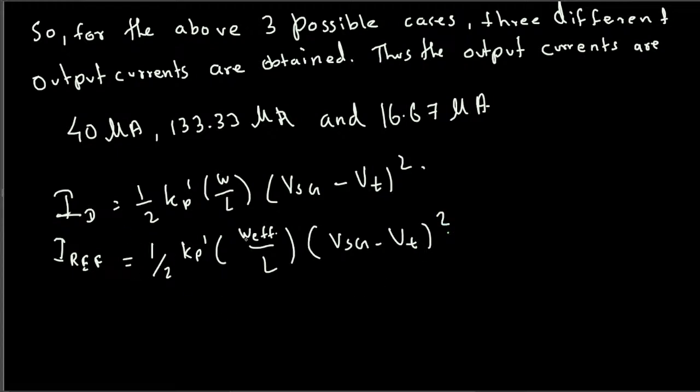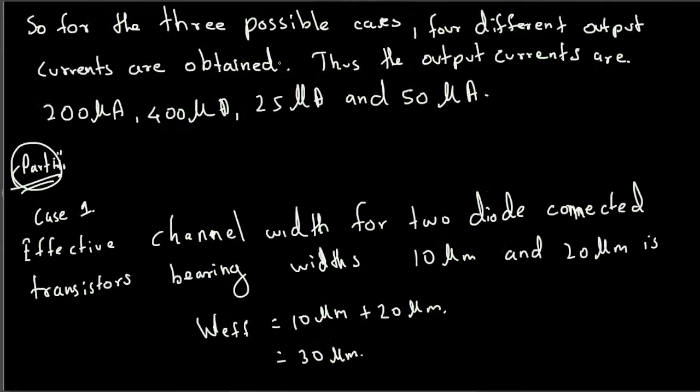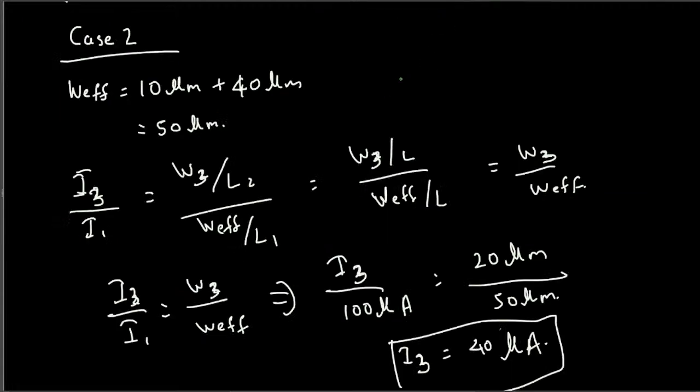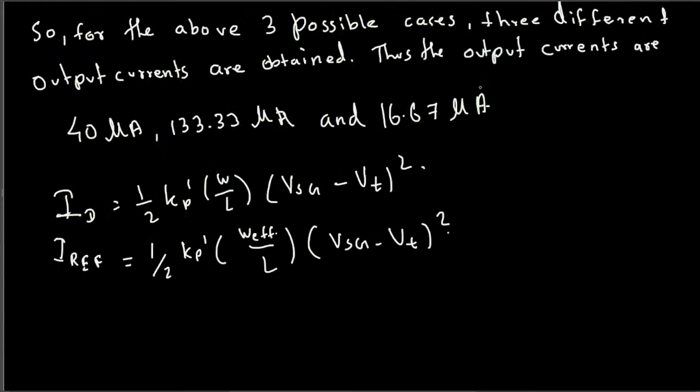The only thing that changes each time is the W effective. We have three: in case 1 we had 30 micrometer, in case 2 we had 50 micrometer, and in case 3 we had 60 micrometer. We just plug them in and solve for VSG.